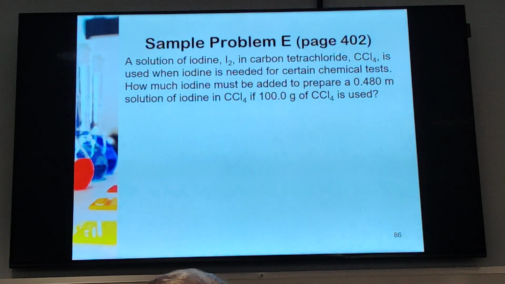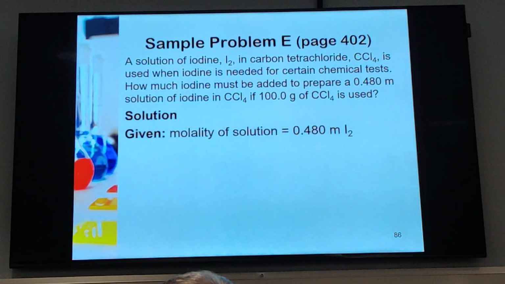How much iodine must be added to prepare a 0.48 molal solution of iodine in carbon tetrachloride if we have 100 grams of carbon tetrachloride? So we're going to list our givens. First thing they gave us was the molality of the iodine solution we're trying to make.